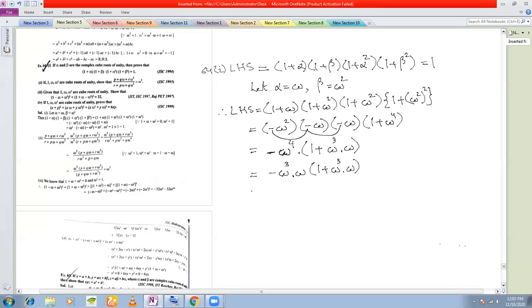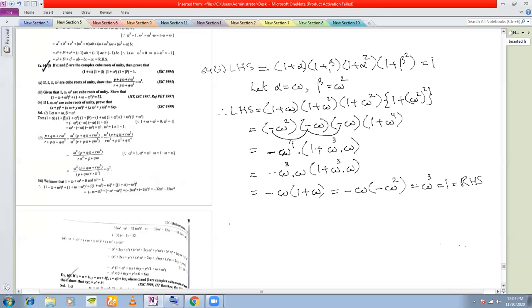Now you substitute omega cube is equal to 1. So minus omega into 1 plus omega. Now what is 1 plus omega again? 1 plus omega is minus omega square according to our properties. So which is omega cube, which is equal to 1, which is equal to your right hand side. So very, very simple applications of cube roots of unity.